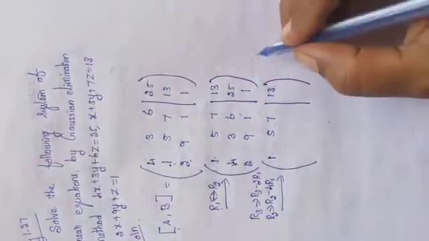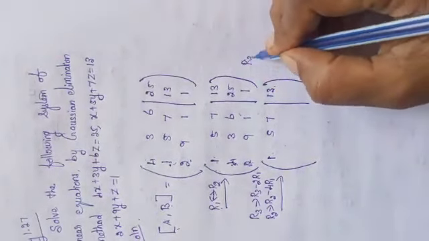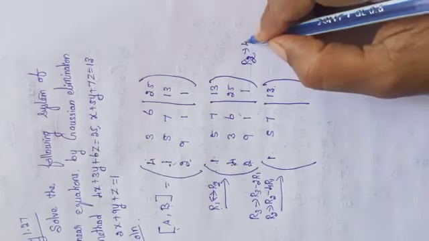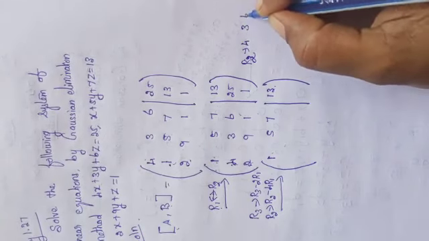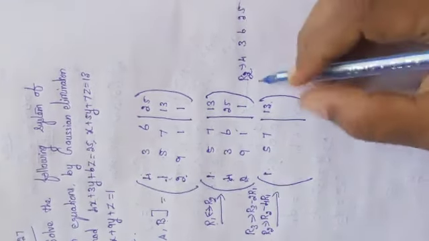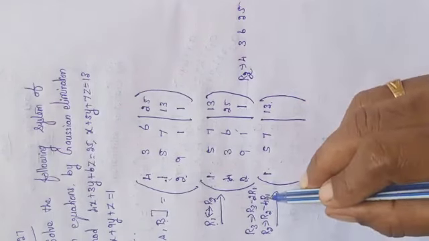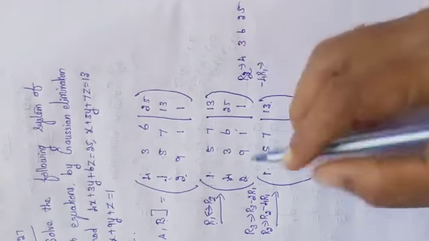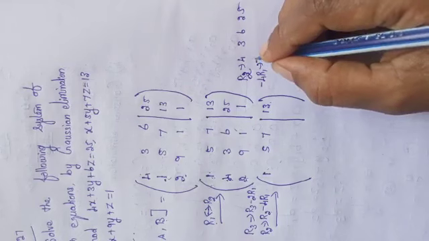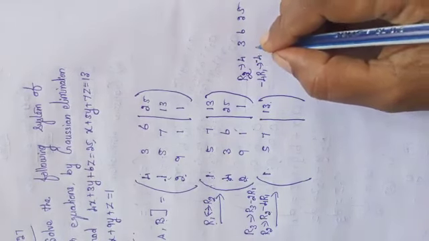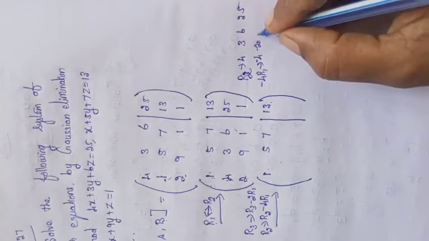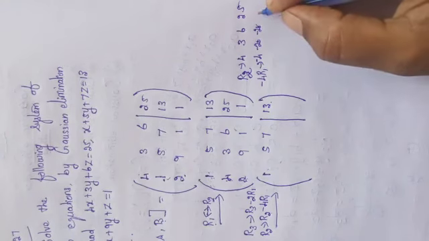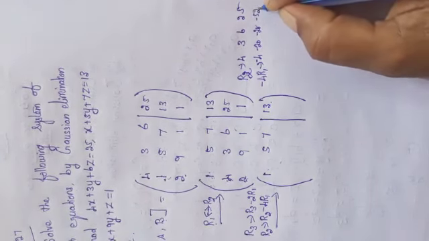Shall we simplify? See, separately I am going to write. R2, let me write first 4, 3, 6, 25, isn't it? R2 minus 4 into R1. Multiply with minus 4. So, we may get minus 4. 5 into minus 4 is minus 20. 7 into minus 4 is minus 28. 13 into minus 4, minus 52.